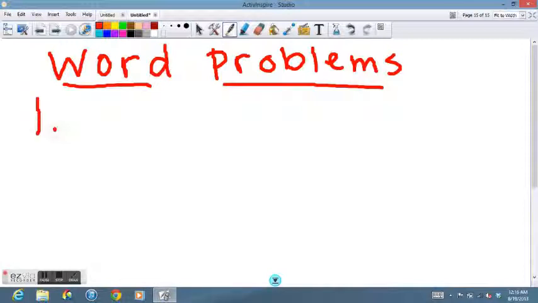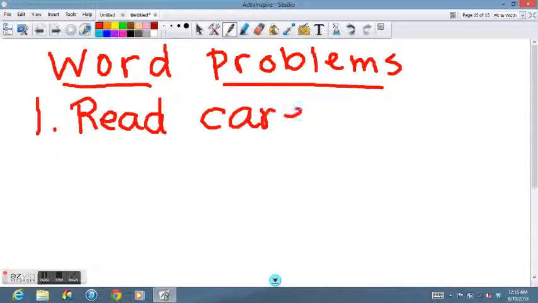All right, first, when you're doing a word problem, remember to read the problem carefully. That means you need to slow down a little bit, read it slowly, and most of the time you'll have to read it more than once.